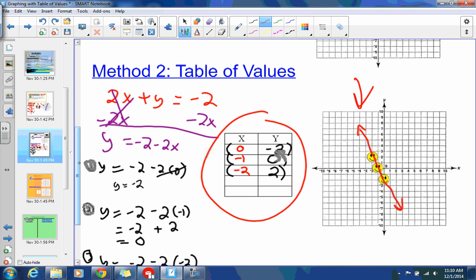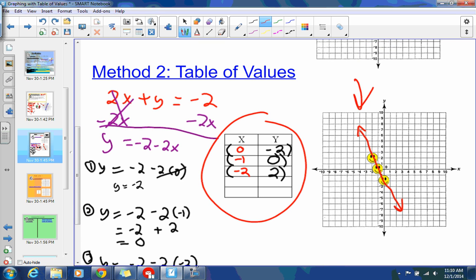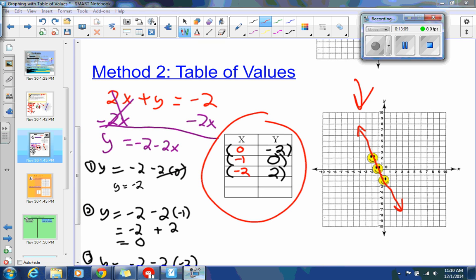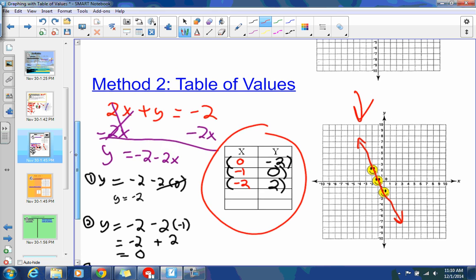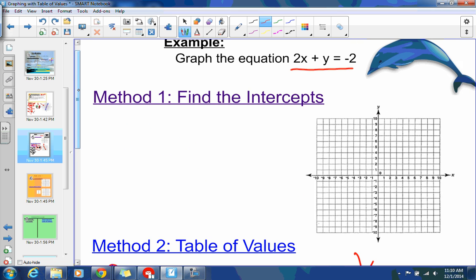Now, I'm going to look at this graph, and I'm going to go back and just refresh your memory on how to do the intercept form using the intercepts. And remember, when you find the intercepts, you take the equation 2x plus y equals negative 2. Find the x-intercept and the y-intercept. To find the x-intercept, you plug in 0 for y.